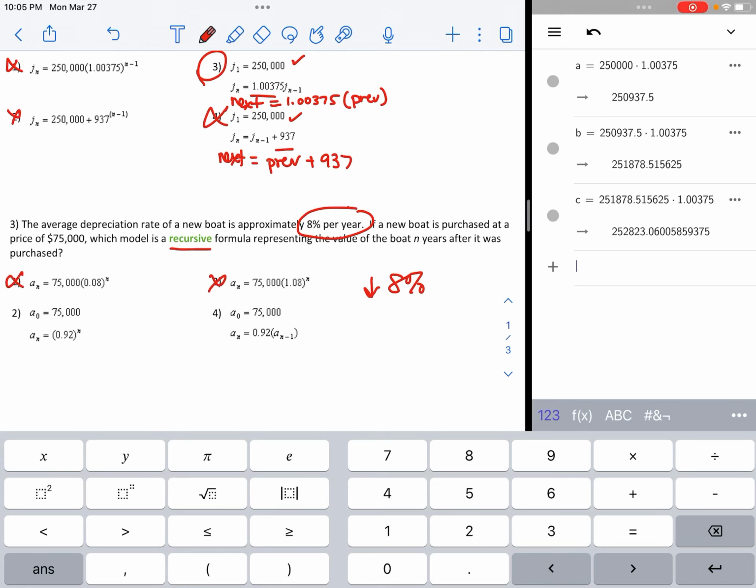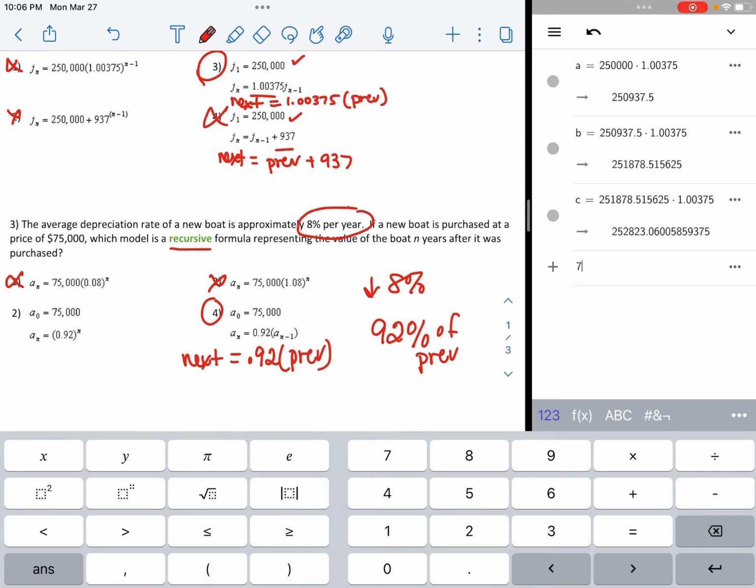Choices 1 and 3 are both explicit formulas. The next 2 have, starting at 75,000, which of those 2 choices show an 8% decrease? If you're decreasing by 8%, each year is going to be 92% of the previous. So choice 4 has 0.92 times the previous to get you the next term.